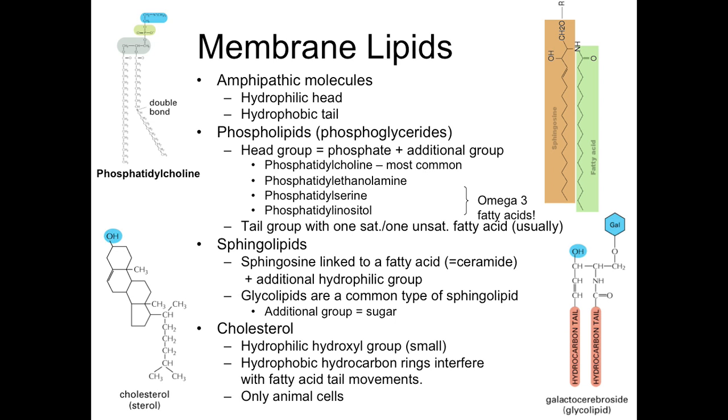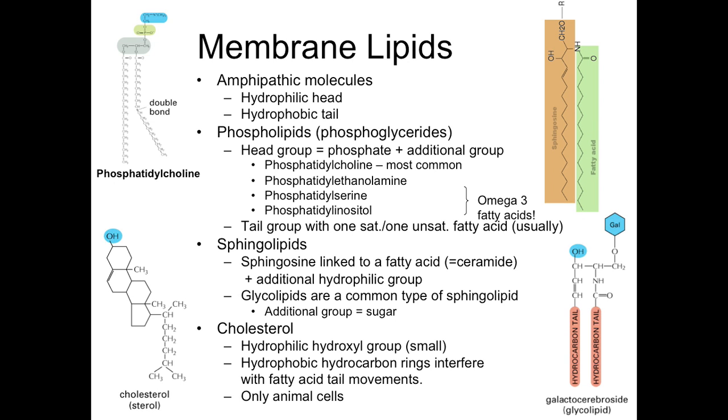Okay, glycolipids are not phospholipids. They consist of a sphingosine, which is this fatty acid, with this nitrogenous group that attaches to it. Okay, so here's a nitrogenous group. And then you have another fatty acid attached there.